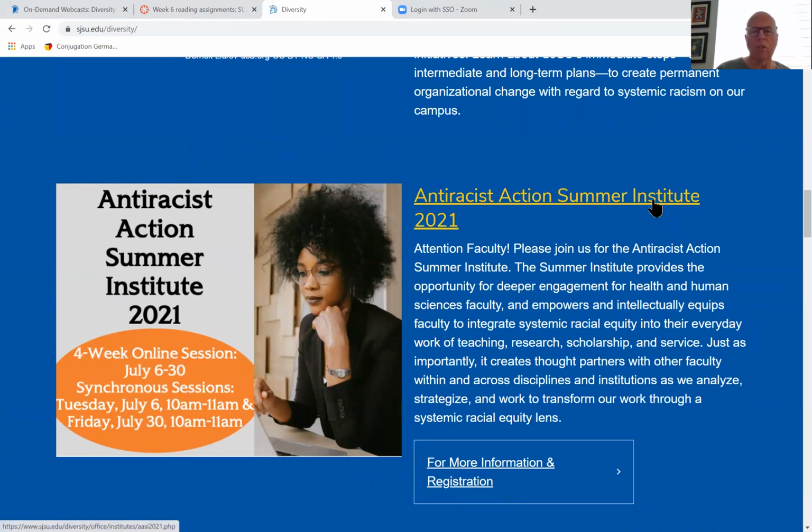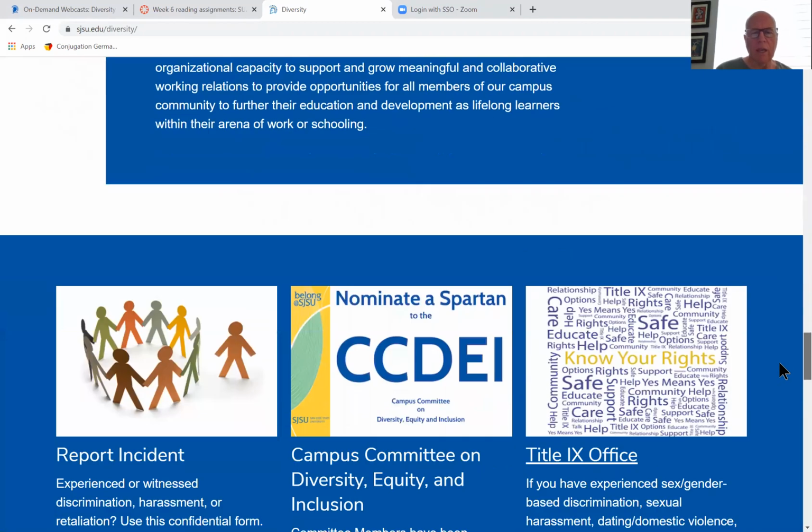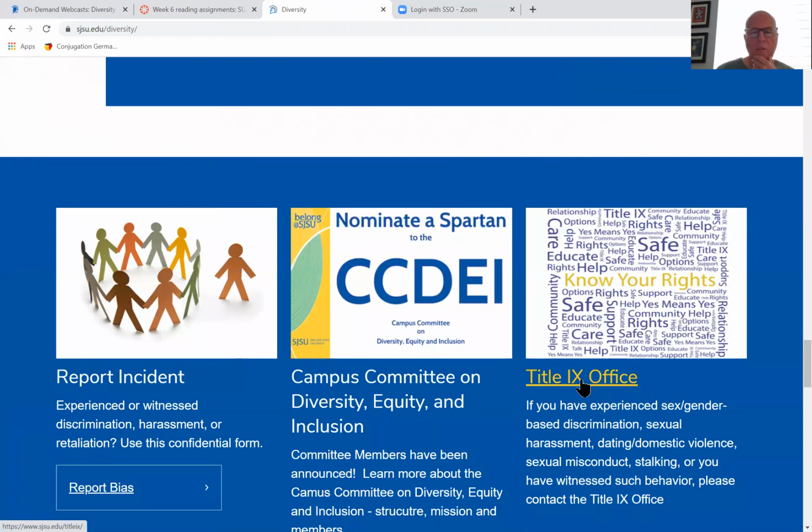One thing that I wanted to point you to on this page was the Title IX office. You'll understand what the Title IX office is, and you can look at the various forms of laws that direct our own university's handling of diversity.